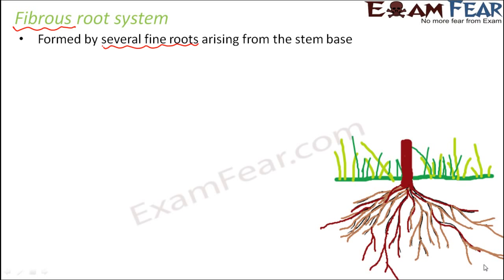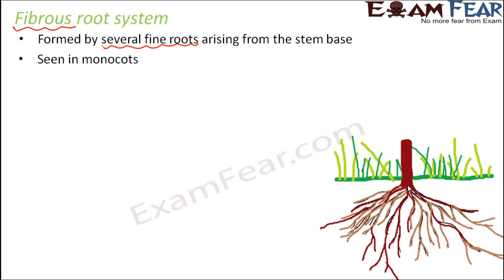But here, do you see anything like a primary root? You actually cannot see any single primary root as such. You have so many thin structures that you can't even distinguish exactly which is the primary root. So here you have many thread-like structures originating here and there, and they all arise from the stem base. So this forms the fibrous root system.